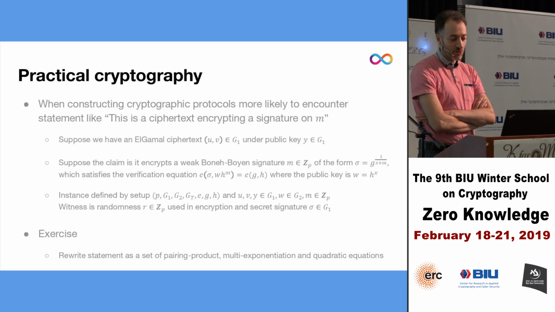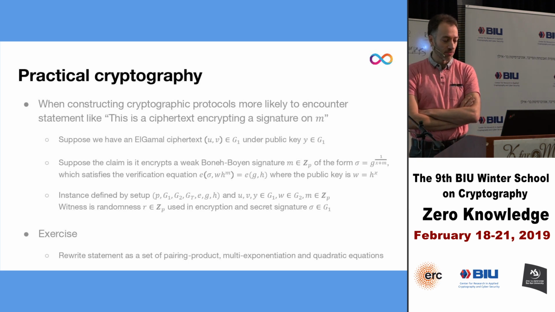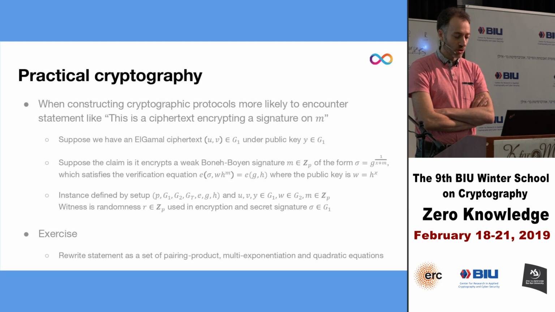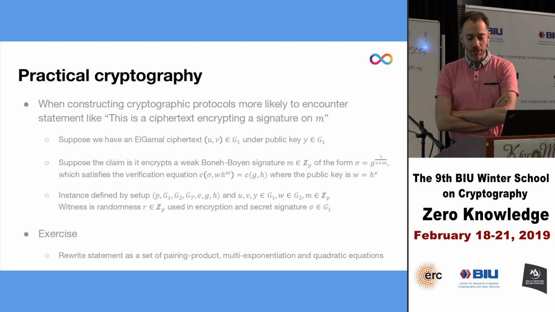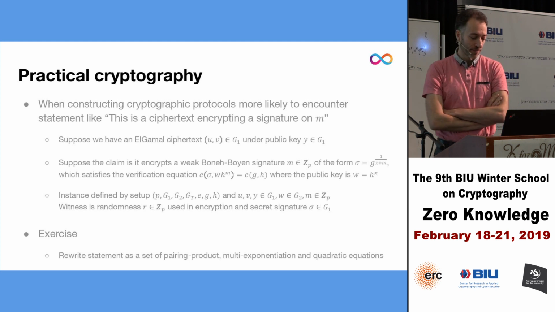You can verify it with this verification equation: if you pair the signature with w times h to the m, then that should give the pairing of g and h. And the public signing key is then w, which is h to the x.